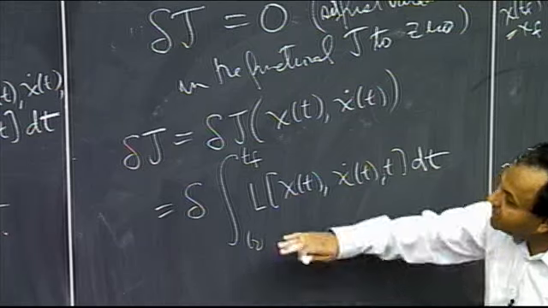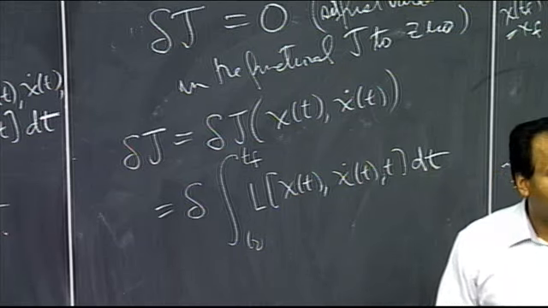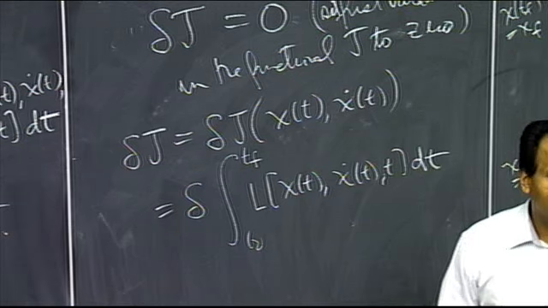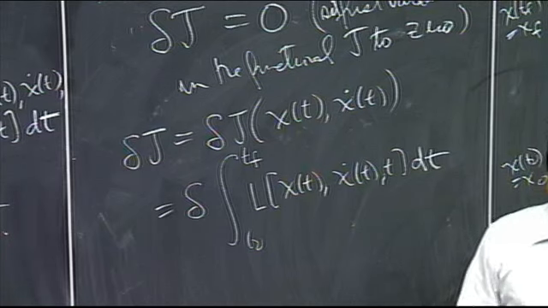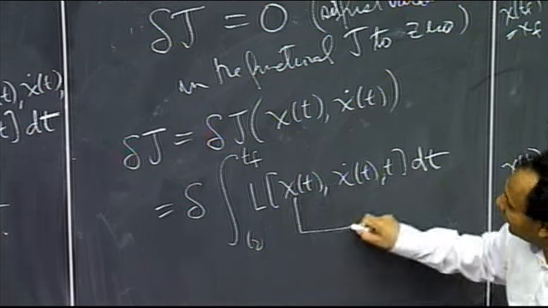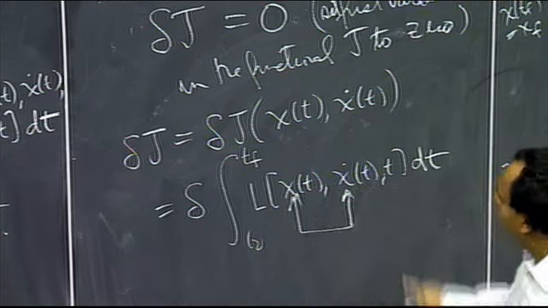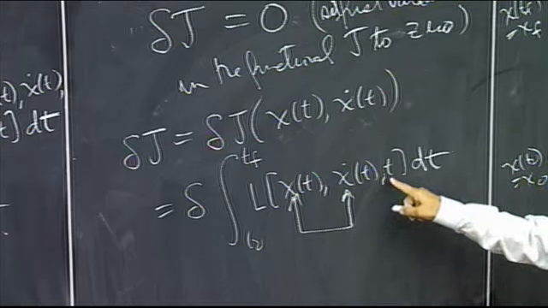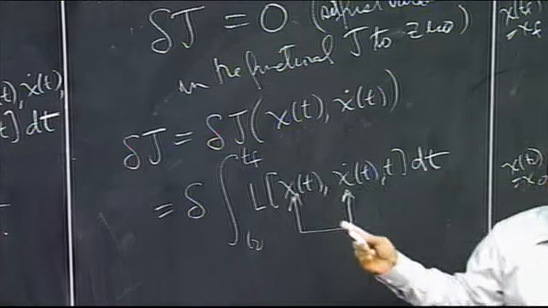So what doesn't vary in this? If it's not a function of it, what can't vary? The only things that can vary in here are these two quantities. Why can't t vary? Because t is the independent variable, right? It's going from t0 to tf. It can't vary.